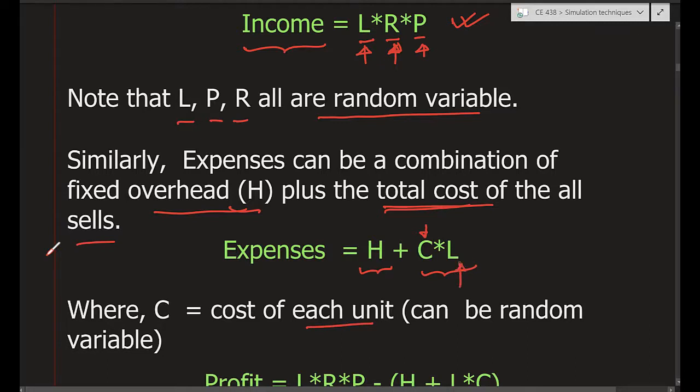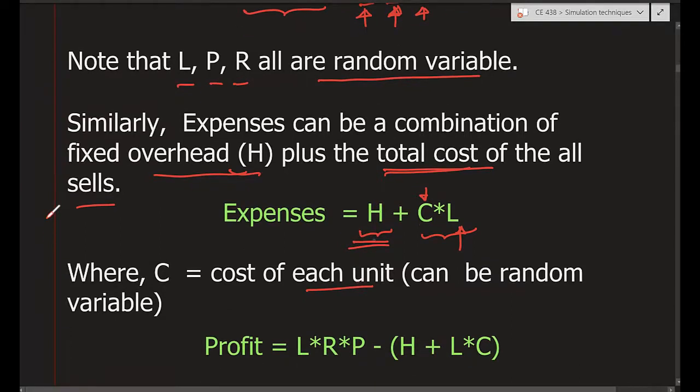So C times L will give me the total cost, and we also have to add the overhead. So the total expenses is H plus C times L. Once again, C, L and H can be stochastic or random quantities. So my expenses become a random variable.